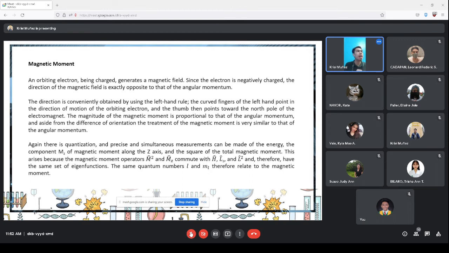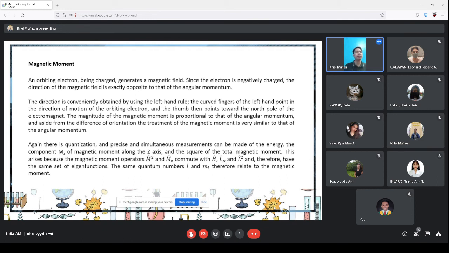So this means that in hydrogen-like atoms, the energy depends only on the radial equation, right? But for those that are not hydrogen-like atoms, which is mostly the case for most of the atoms, they do not follow that, and there is a change in our energy. In hydrogen-like atoms, the energy depends only on the principal quantum number.